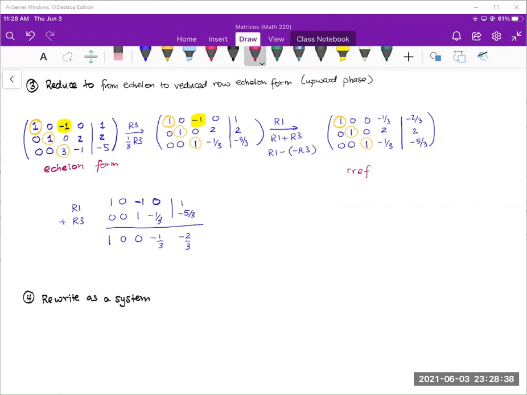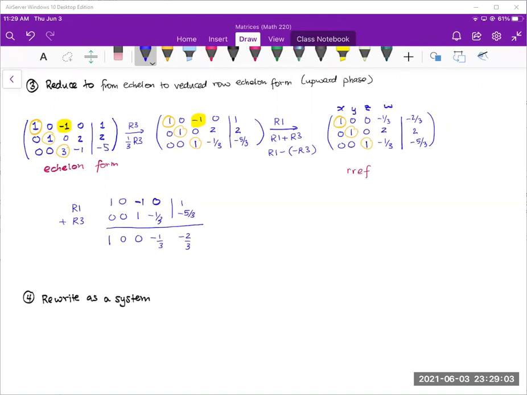So these variables x, y, and z, notice that x only appears in one equation, y only appears in one equation, and z only appears in one equation. So we've really separated this about as much as we possibly can. Okay.